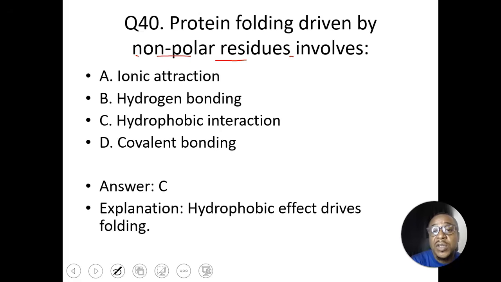The non-polar residue is already telling you that it is hydrophobic. Anything that is non-polar is hydrophobic. So non-polar residues are involved in hydrophobic interaction. The answer to that question is C, hydrophobic interaction. Not hydrogen bonding, not ionic interaction, not covalent bonding.